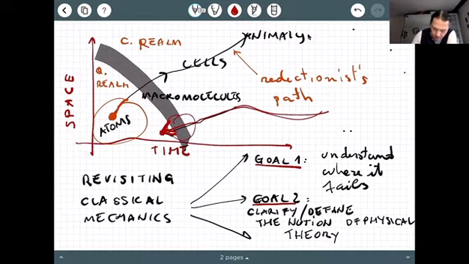And then goal number 3 is to refresh on some key concepts. So in classical mechanics, there are concepts.